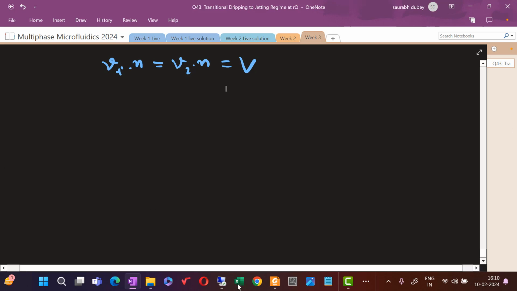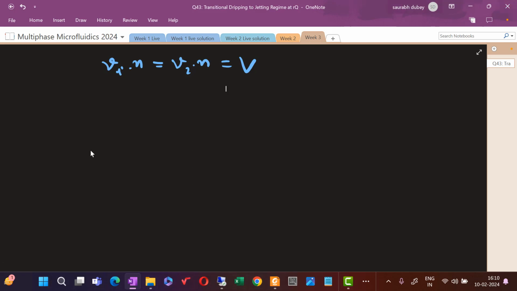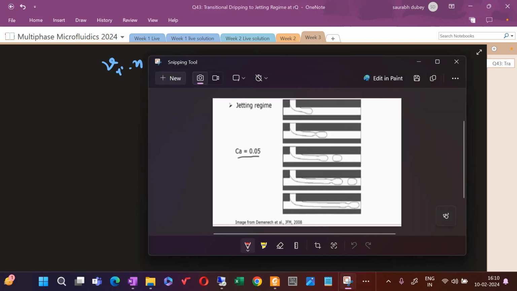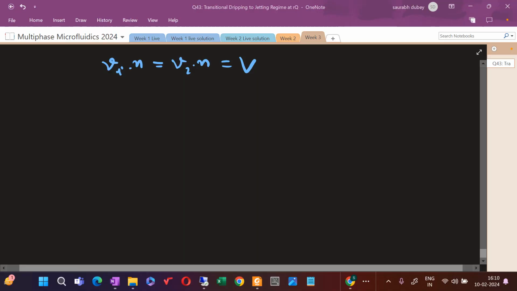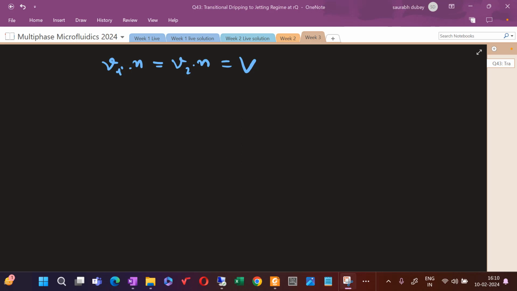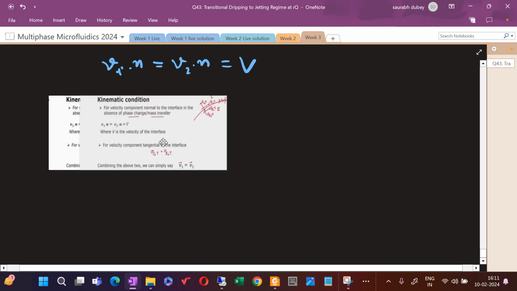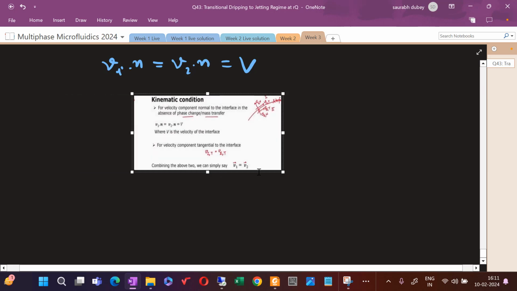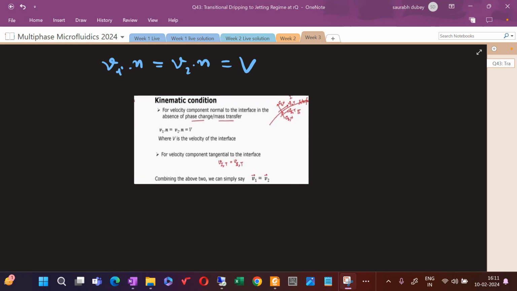So for example, if you see this slide of the lecture, these are different boundary conditions that have to be taken into account.